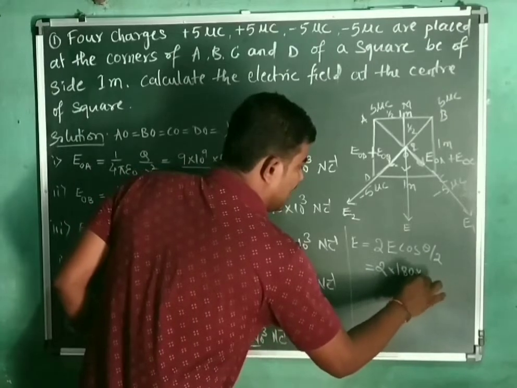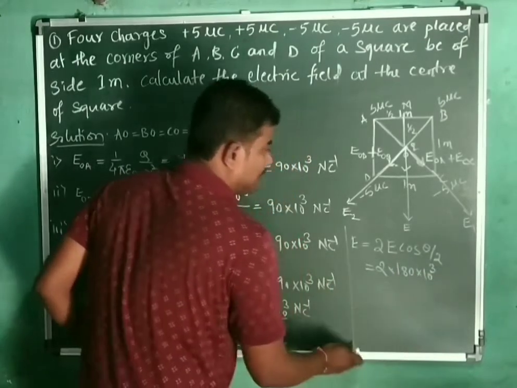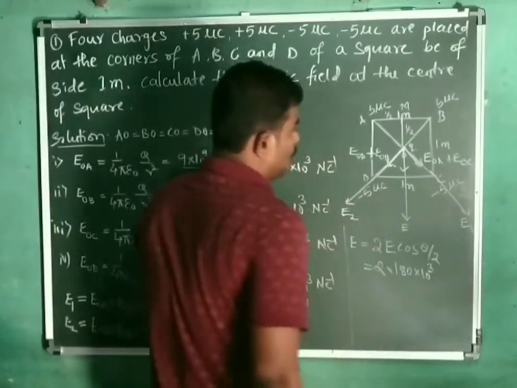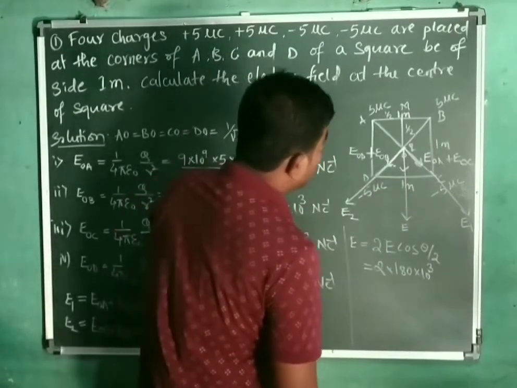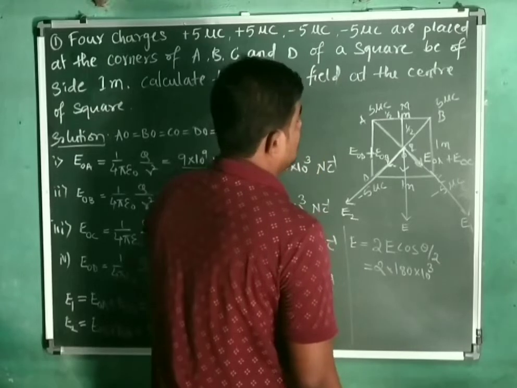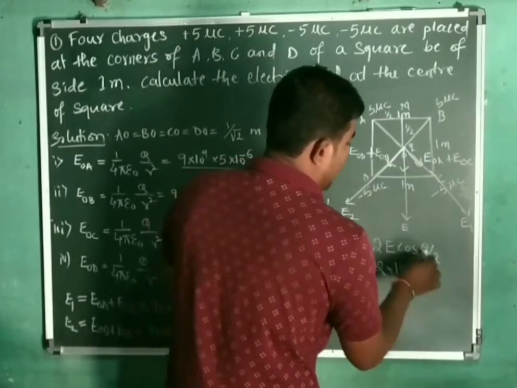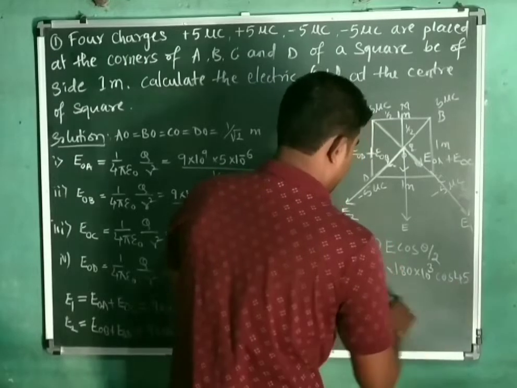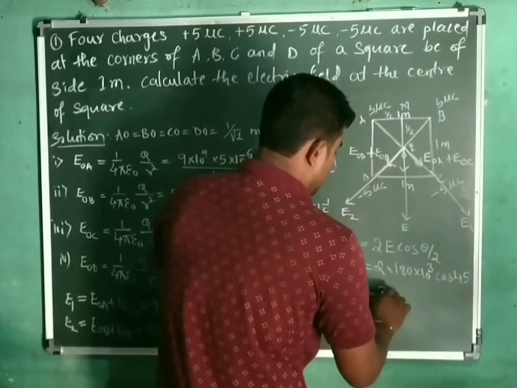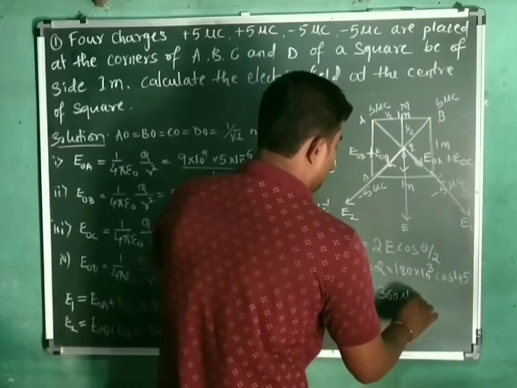Therefore it is 180 into 10 to the power 3, and cos(theta by 2) is there. Theta is 90 degrees actually, and 90 divided by 2 is 45, therefore it is cos 45. 2 into 180 is 360 into 10 to the power 3.